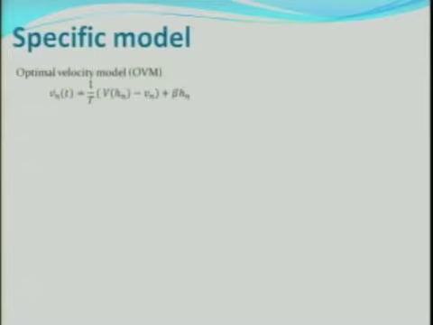What we talked about just now is for the general model. To get a further analysis, we need to assign a specific expression for our model. So we pick the optimal velocity model, which is a classical one.